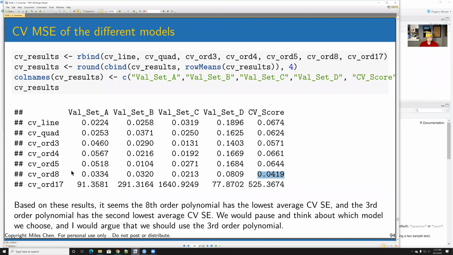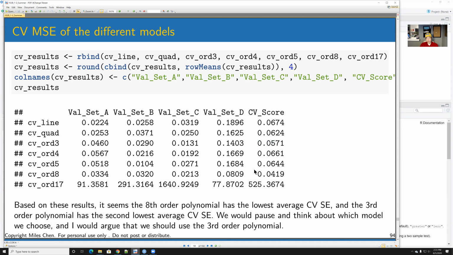And so based on this, the 8th order polynomial happens to have the lowest average cross-validation standard error, okay? The third order polynomial has the second lowest at 0.0571, okay? And we would probably pause to think about which model we would choose, and I would probably argue to use the third order polynomial, okay?